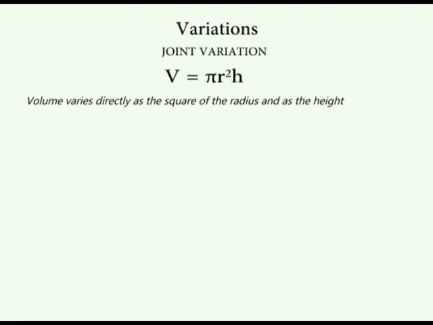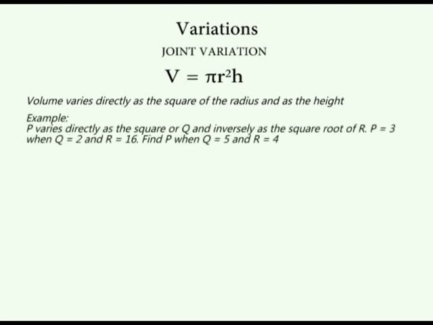For example, P varies directly as the square of Q and inversely as the square root of R. P is equal to 3 when Q is 2 and R is 16. Find P when Q is 5 and R is 4.